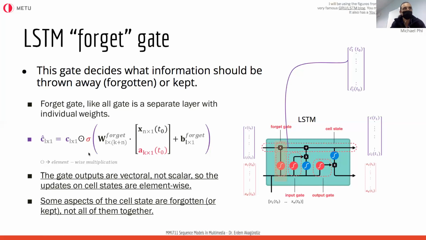So it's very simple. At this stage, you have concatenation. This is a node, like a perceptron. You have your weights inside, and you have the bias, and the output is a vector which is exactly the same length as the cell state. Usually the hidden state and cell state are the same length, we said. And we have an element-wise multiplication.